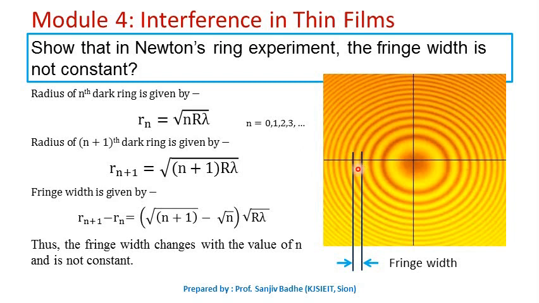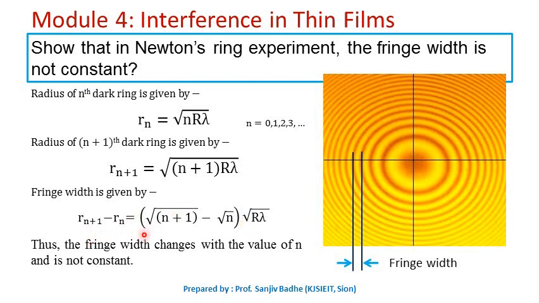Clearly the fringe width will be equal to Rn+1, the radius of the (n+1)th dark ring, minus Rn, the radius of the nth dark ring. So fringe width is given by Rn+1 minus Rn. If you subtract equation number 1 from equation number 2, fringe width can be written as square root of (n+1) minus square root of n, times square root of Rλ.